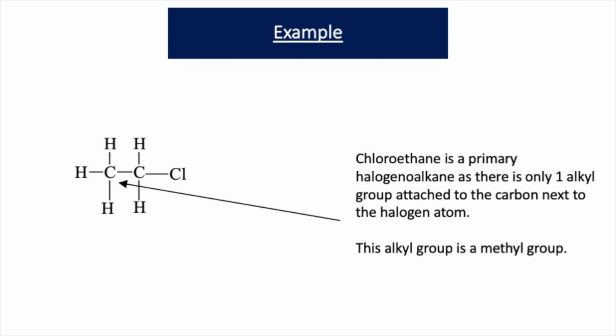Now, primary halogenoalkanes have one alkyl group on the carbon next to the halogen, so therefore chloroethane is classed as a primary halogenoalkane. Now, if there were two alkyl groups attached to the carbon next to the halogen, it would be a secondary halogenoalkane. And if there were three alkyl groups attached to the carbon next to the halogen, it would be a tertiary halogenoalkane.